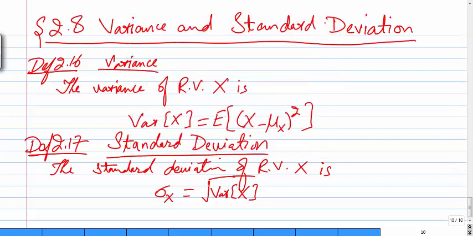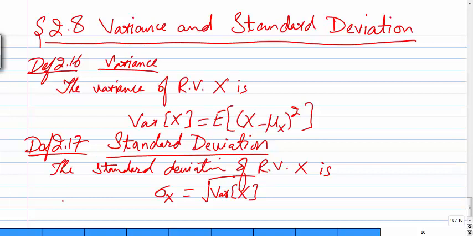Now we think of a sample value within one standard deviation of the expected value as a typical value of X, and other values as unusual.